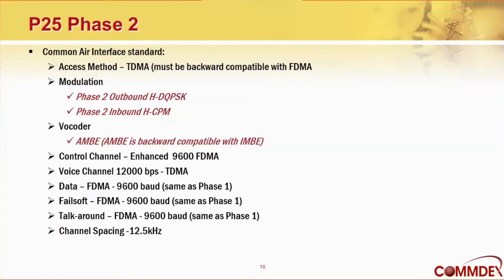Since vocoder technology kept advancing, the state of the art at that time, and we're talking about the 2000s, was AMBE. The control channel stayed the same, voice channel at 12 kilobit, data, fail-soft talk-around. We mentioned all that previously, but that's what phase two provided.